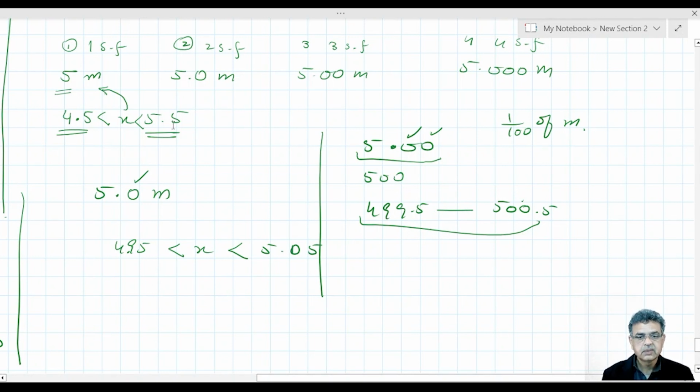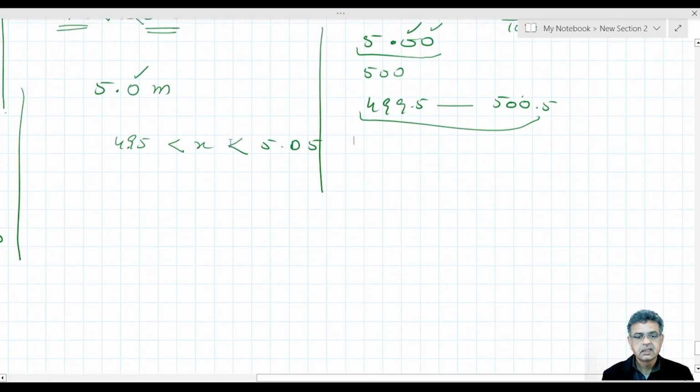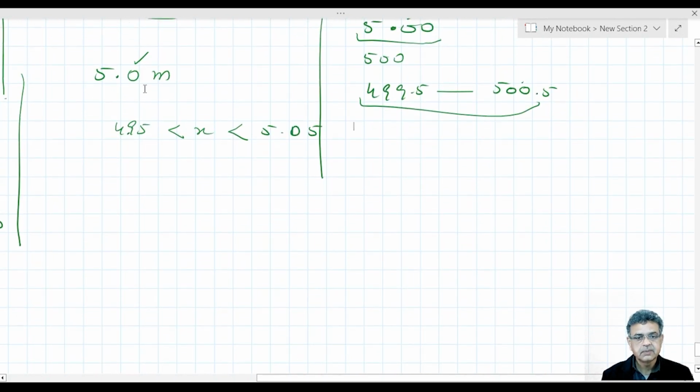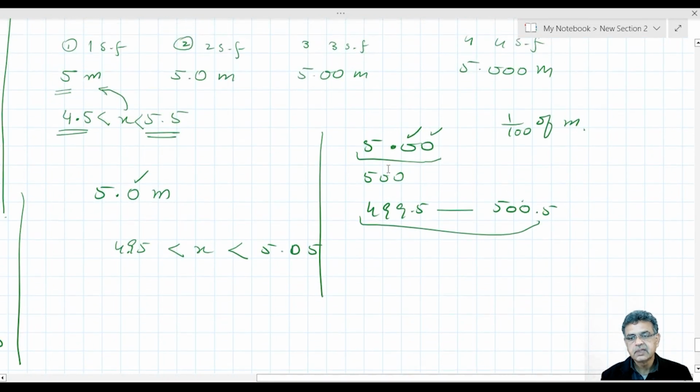So this is what you can notice: if it is 5 meters, this is rounded off correct to 1 meter. Its rounding off is very rough, half a meter this way or that. If it is 5.0, it is rounded off to 10 centimeters, 5 centimeters this way or that way. And if it is 5.00, correct to three significant figures, then it is rounded off half a centimeter this way or that.